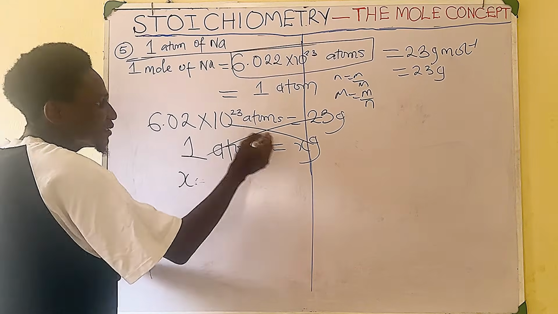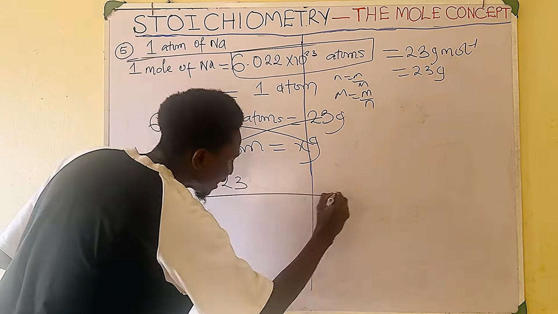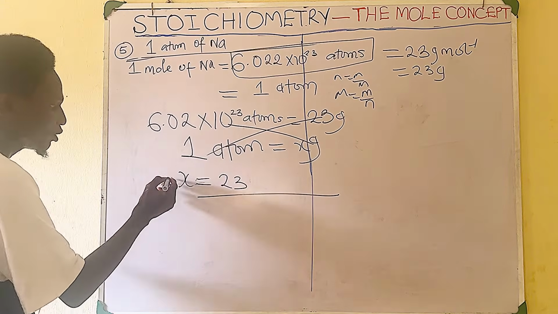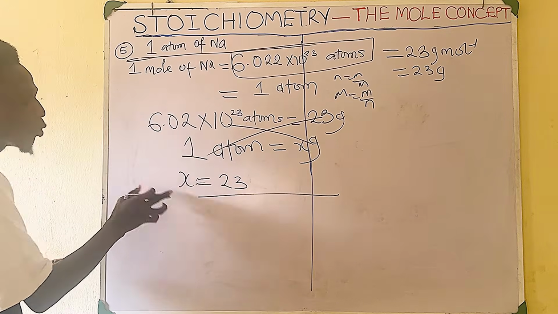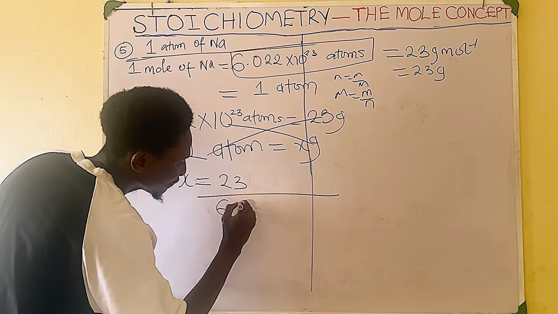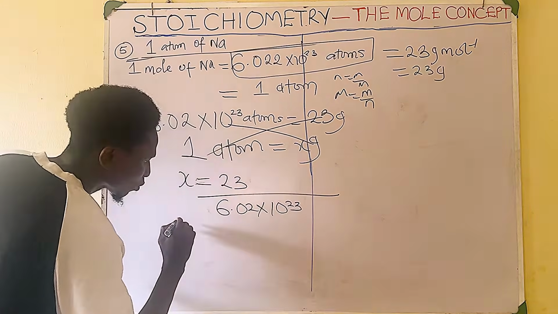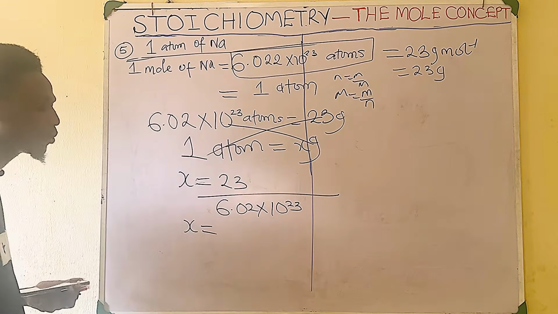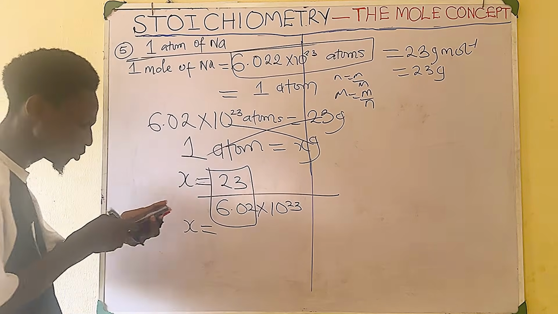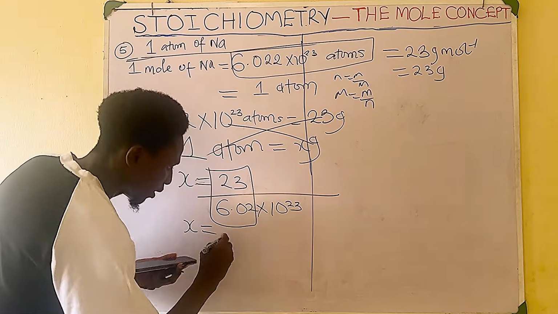So X equals 23 divided by 6.02 times 10 raised to the power 23 atoms, because to make X stand alone I still have to divide. So as a smart student, like I always said, divide this. 23 divided by 6.02 gives 3.82.